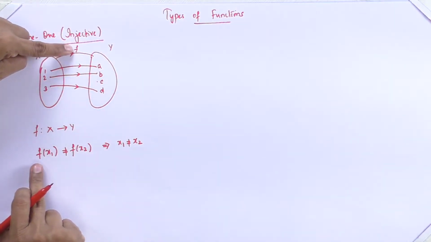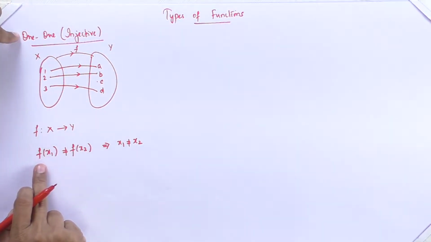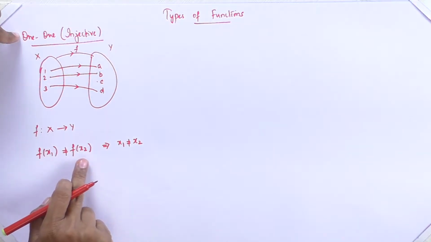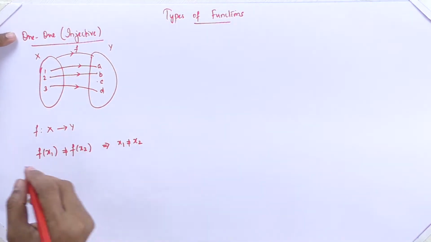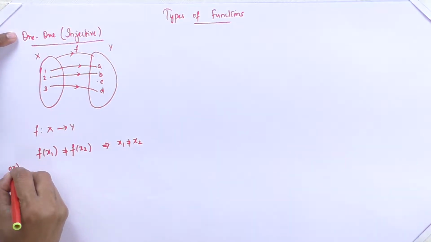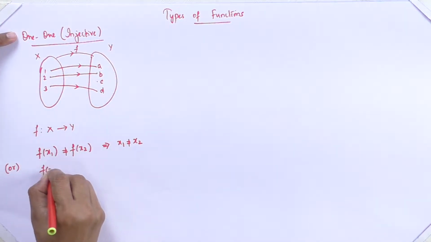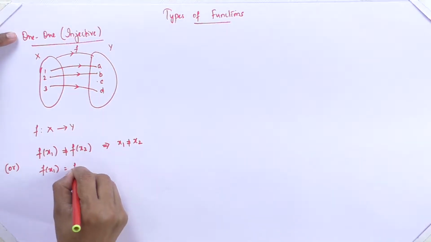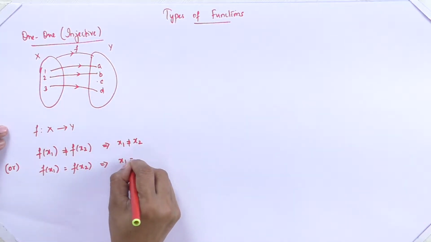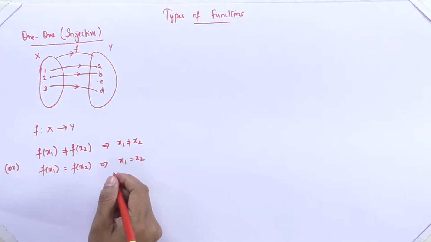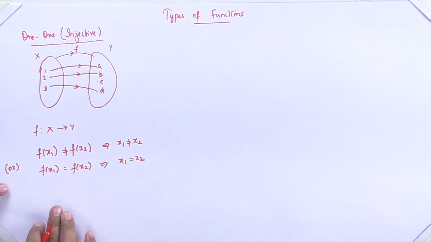So you can also say that a function is one-to-one if f of x1 not equal to f of x2 implies x1 not equal to x2. Or equivalently, f of x1 equal to f of x2 implies x1 equal to x2. This way also we can define a function to be one-to-one.